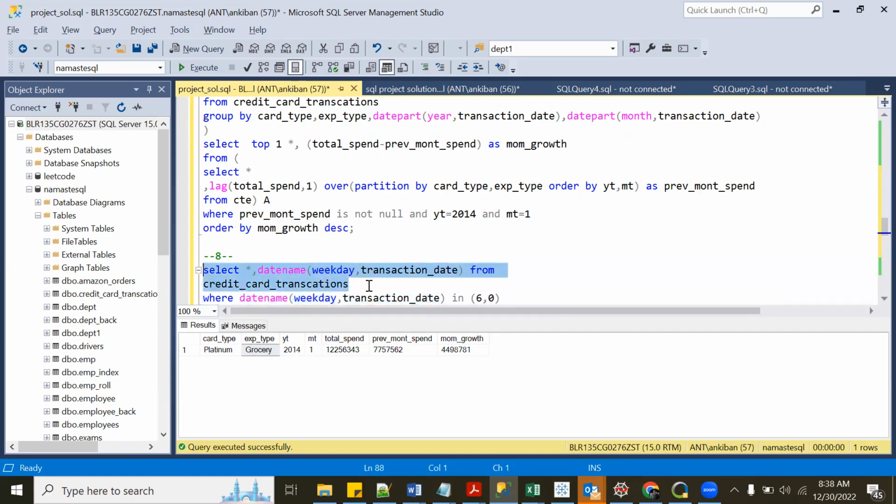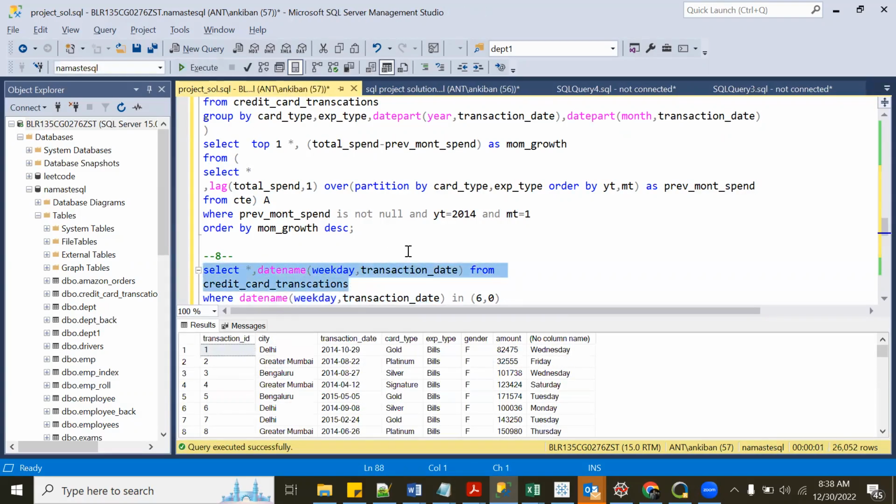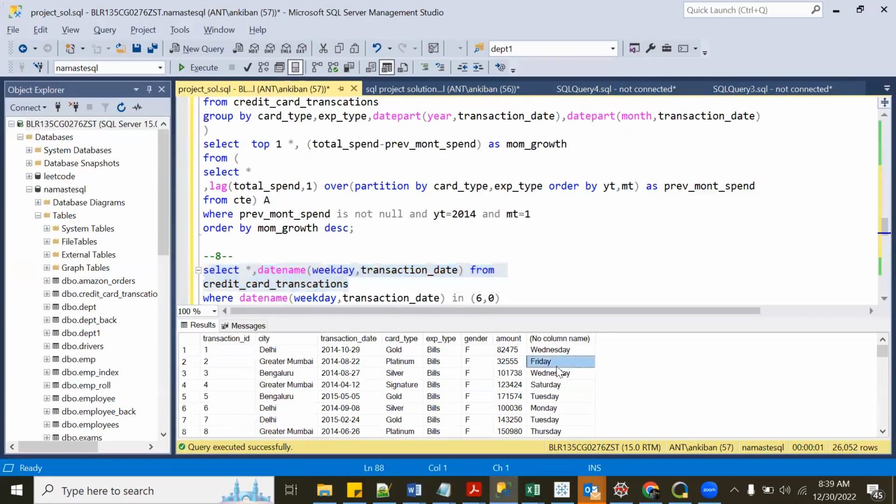It would need Saturday and Sunday, I think, if it is a weekday in the function. So we are getting Saturday, Sunday with this date name function. Saturday and Sunday, right.